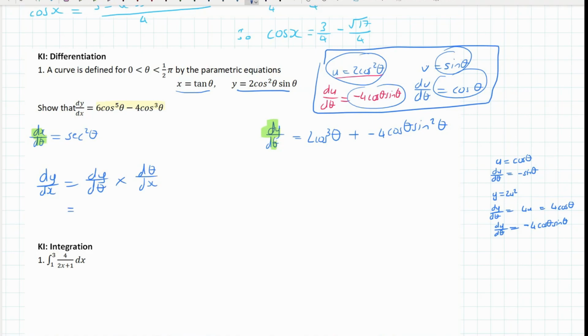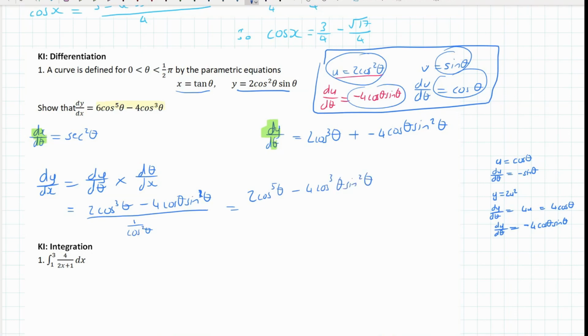So that's like saying 2 cosine cubed theta minus 4 cosine theta sine squared theta, all over sec squared theta. But sec squared theta is 1 over cosine squared theta.